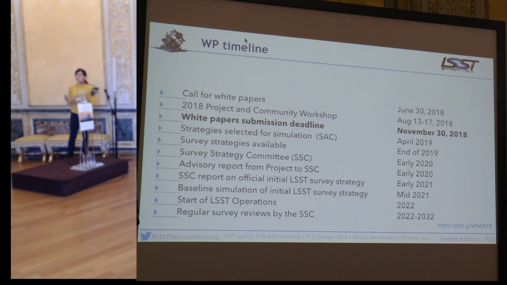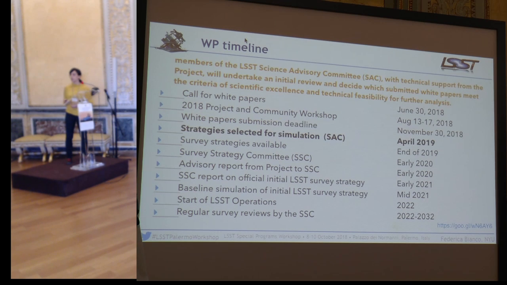You have already seen the timeline for the white paper proposal submission. The submission deadline is November 30th, and then the SAC will decide on the papers. It should be pointed out that this is not a formal acceptance or rejection process.